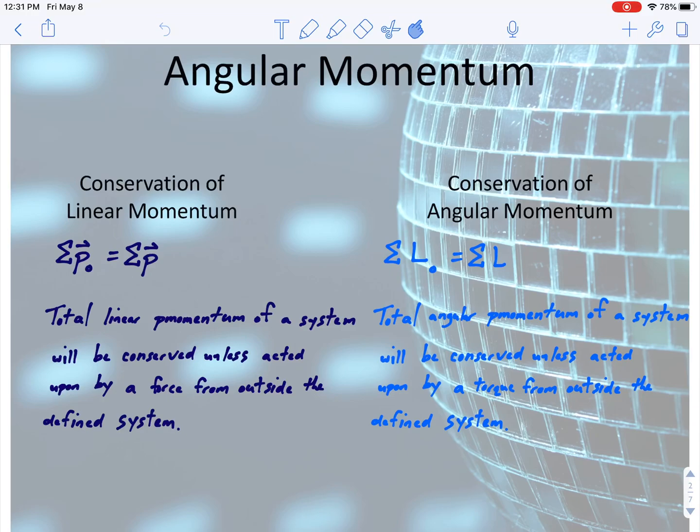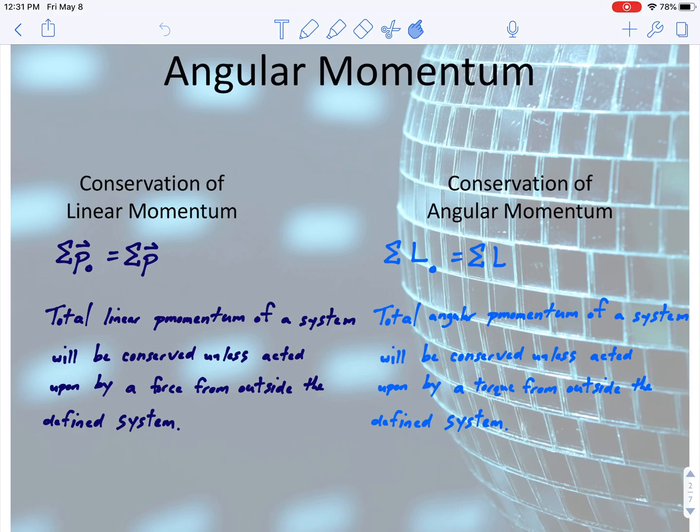Just as in the world of linear momentum, where I told you that the actual momentum of an object is not nearly as important as the law of conservation of momentum, we have the same idea in the world of angular momentum. So the law of conservation of linear momentum simply said that you add up all the individual momentums in a system before some sort of interaction, and that total momentum should be equal to the sum of all the momentums of the objects in a system after the interaction.